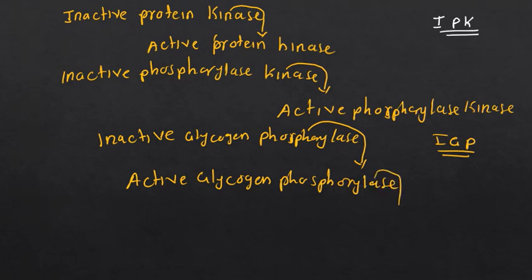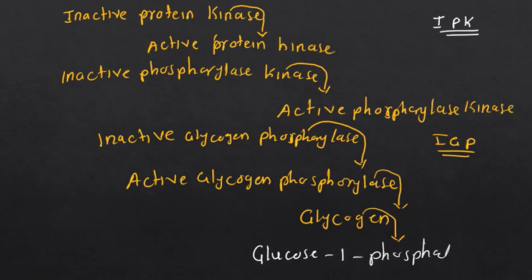Then this active enzyme acts on glycogen, and glycogen will give glucose 1-phosphate. So this is how it goes. It's very simple.